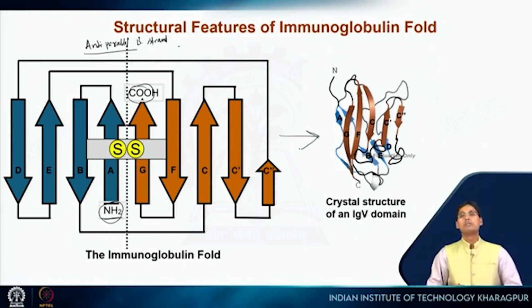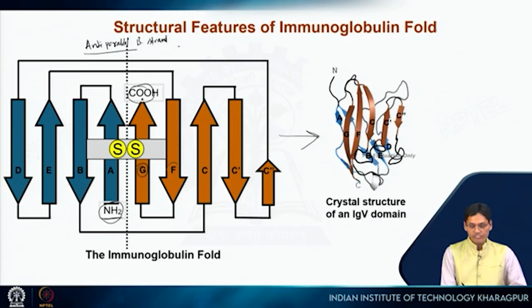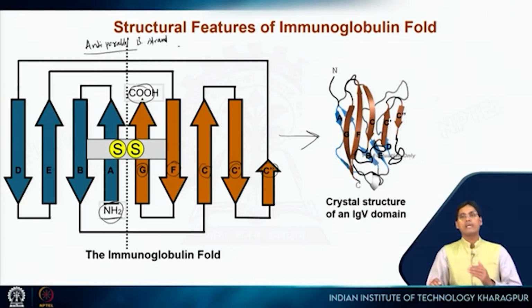So that's why I colored them in a different way: G, F, C, C prime and C double prime are present on one face, and the other strands A, B, E, D are present on the other face. Something like this. And this is called the beta sandwich topology of the immunoglobulin fold.